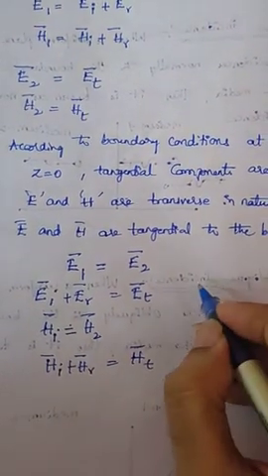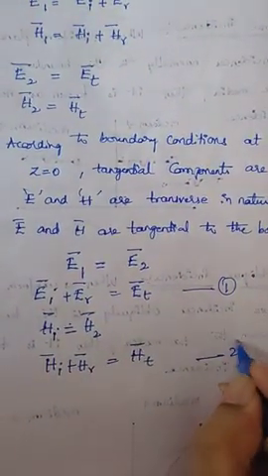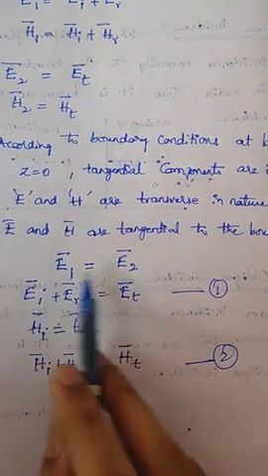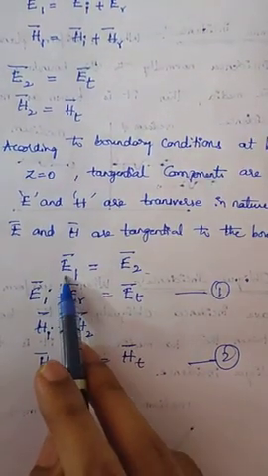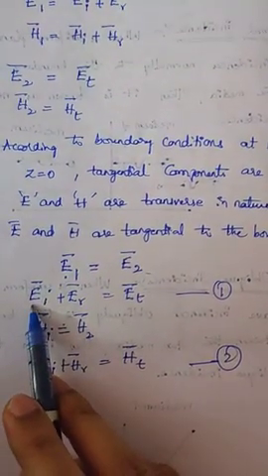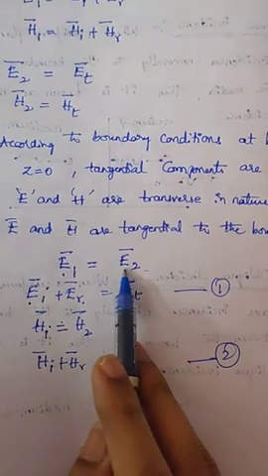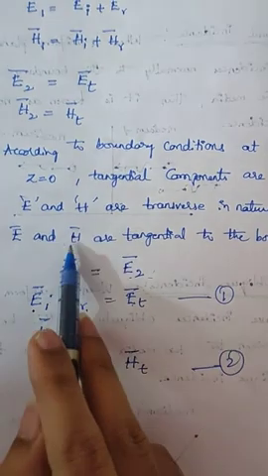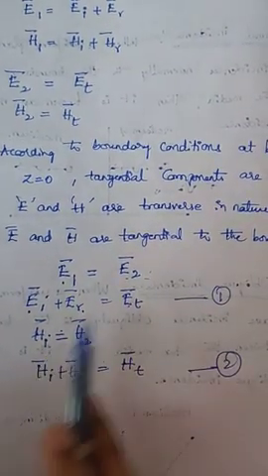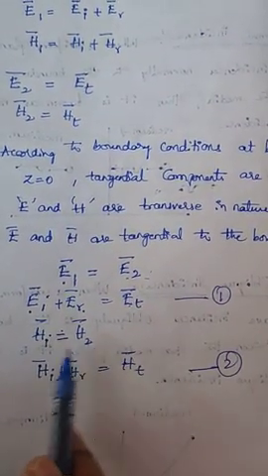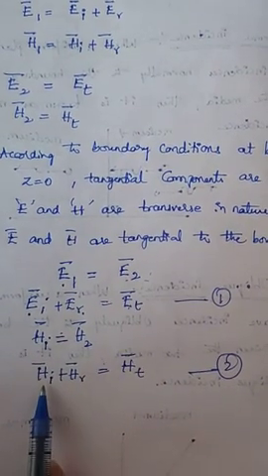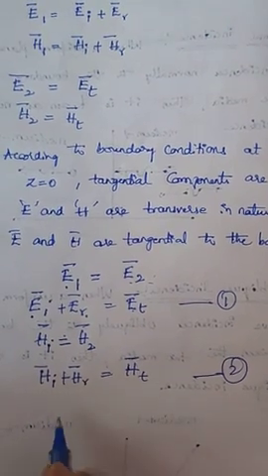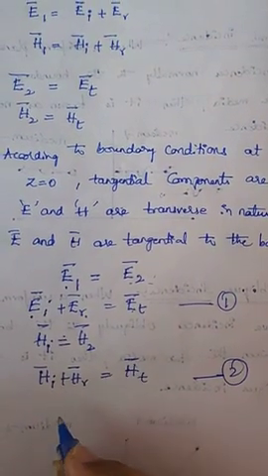This is equation 1 and this is equation 2. Why I am writing like this: at the boundary E1 and E2 are equal. Here E1 is the electric field intensity of the incident and reflected wave, and E2 is the electric field intensity of the transmitted wave in medium 2. In the similar way, the tangential components of H at the boundary are also equal in medium 1 and medium 2. So from these two equations, we can write it.